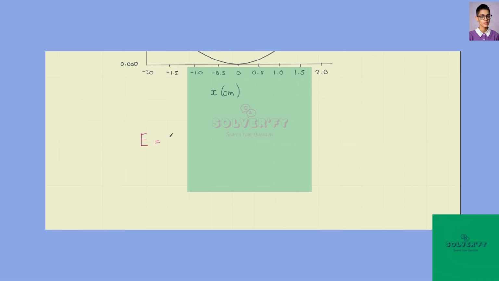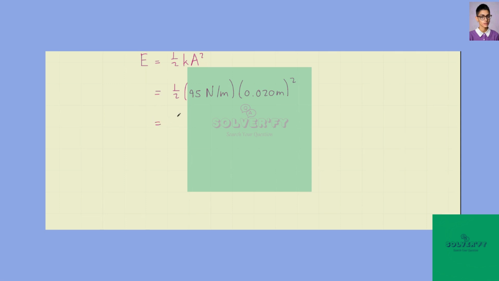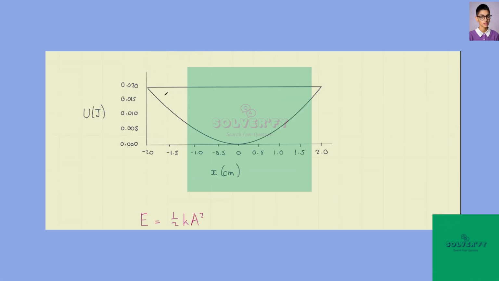So this energy E, the maximum energy, is a half ka squared, which is the maximum elastic potential energy, and that's a half times the spring constant k, which is 95 newtons per meter, times the amplitude of oscillation 0.02 meters squared, which gives us this energy 0.019 joules, which is the horizontal line drawn on the graph.